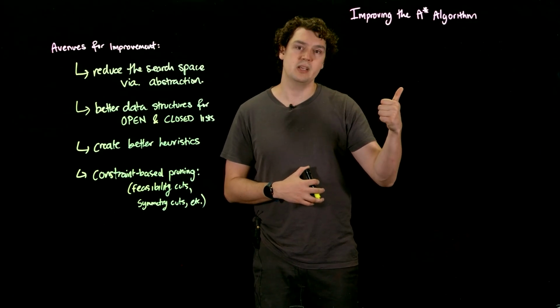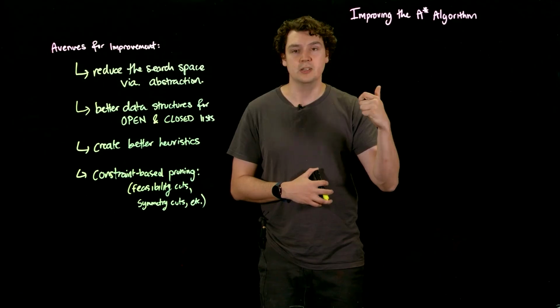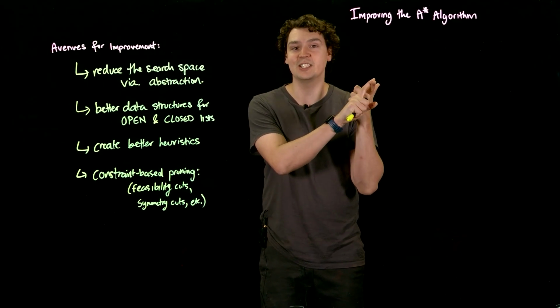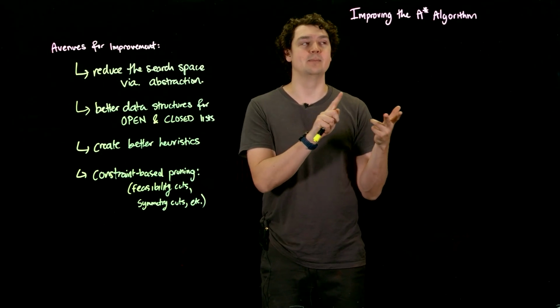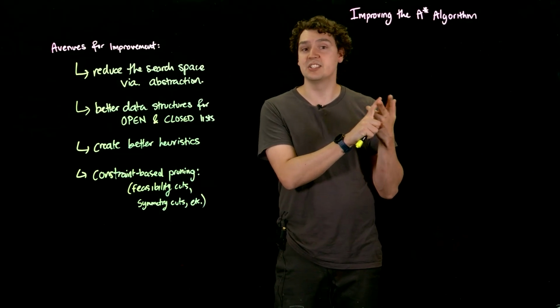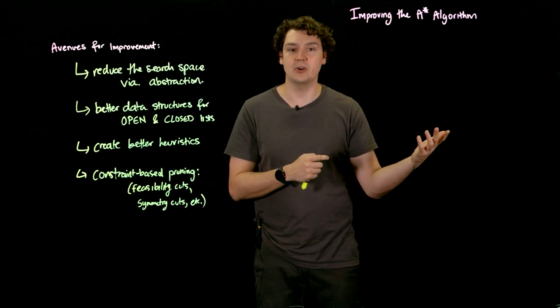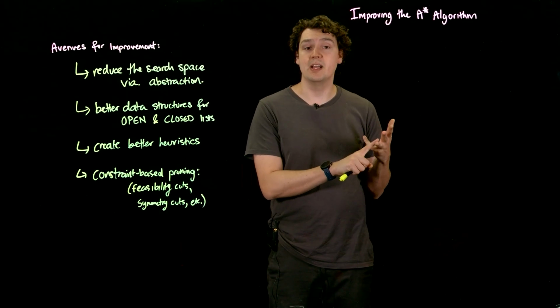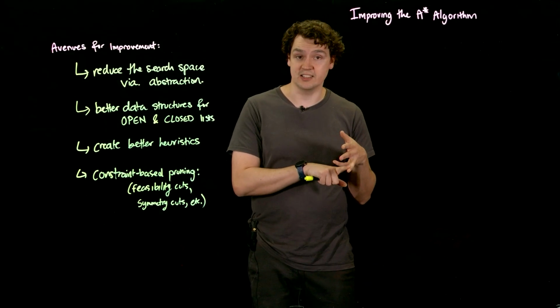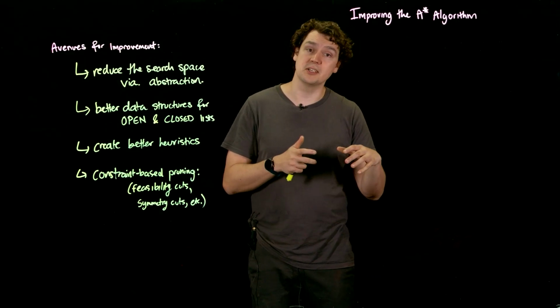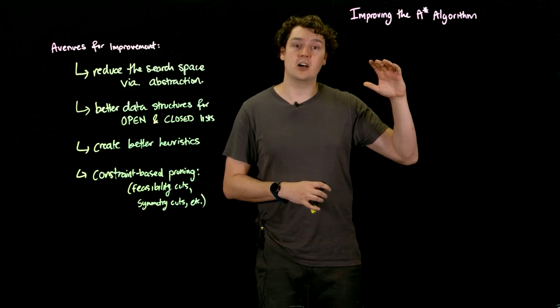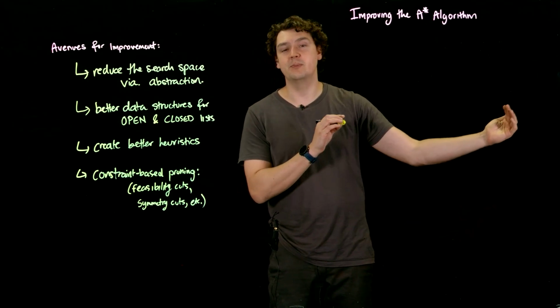Maybe obstacles move. Maybe there's time; we haven't even dealt with time yet. Maybe our agents have size, and they'll hit walls and things. Maybe we don't care about getting the optimal solution, we just want something close. So there's a whole realm of possibilities.